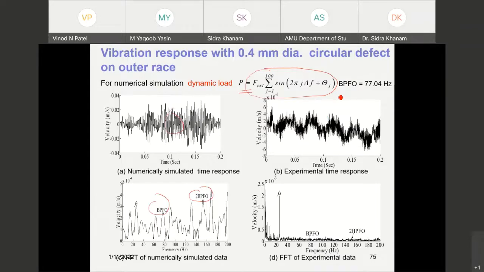Experimentally, this additional dynamic load was added by means of the electromechanical shaker. That was the actual condition in industry where the actual signal is masked by noise. Here a noisy signal is available and we can get a better result if we use some denoising techniques.